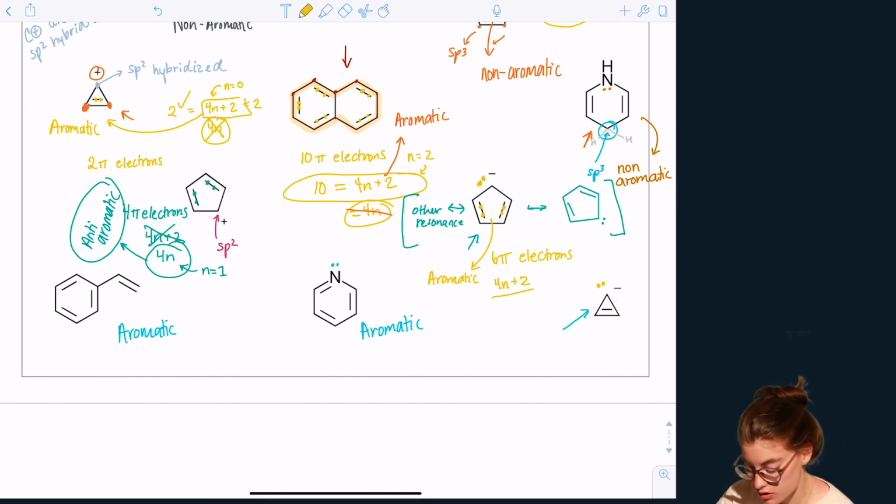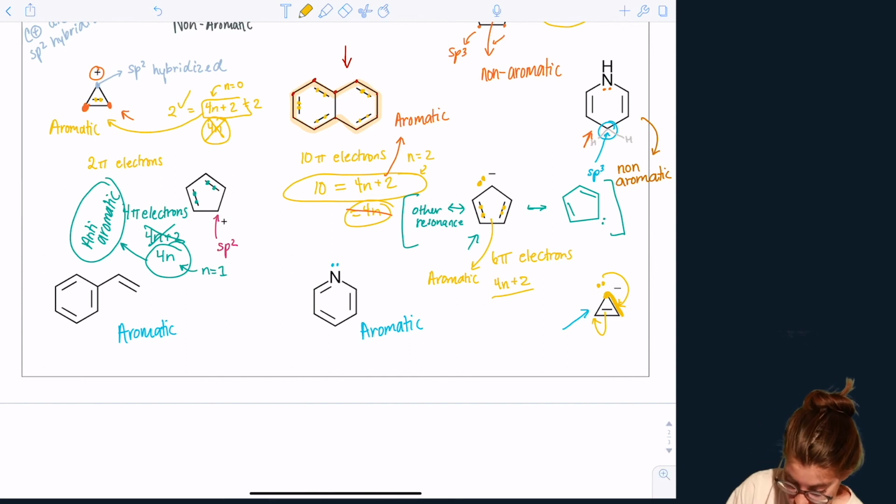So, is this molecule cyclic? Yes. Does every atom have a p orbital? Yes, because remember, this can do resonance. So we can form a pi bond here, which means this carbon needs a p orbital. So how many pi electrons does it have? 1, 2, 3, 4.